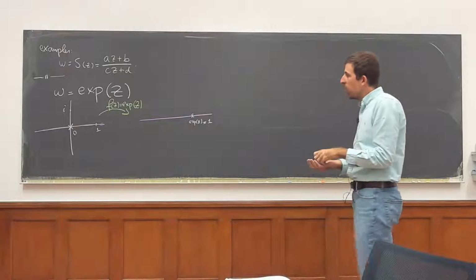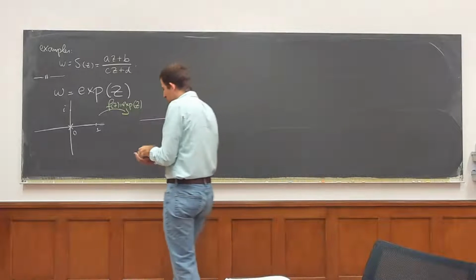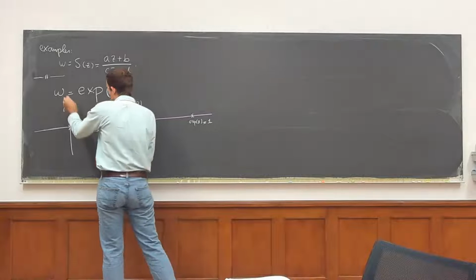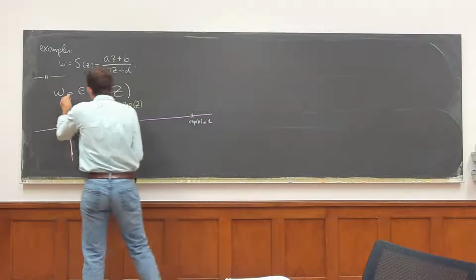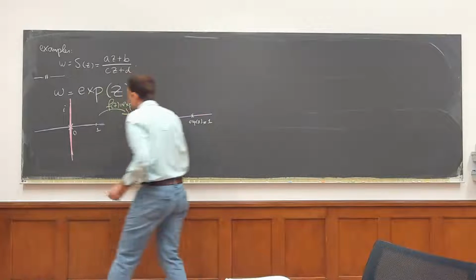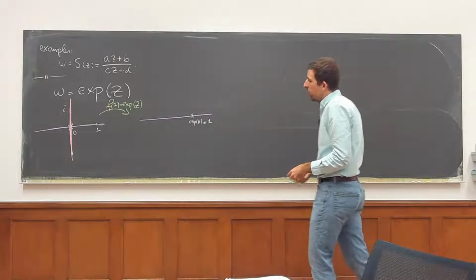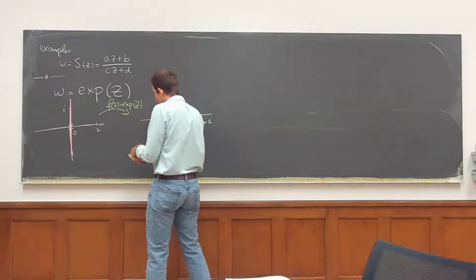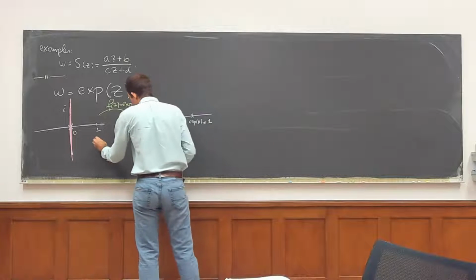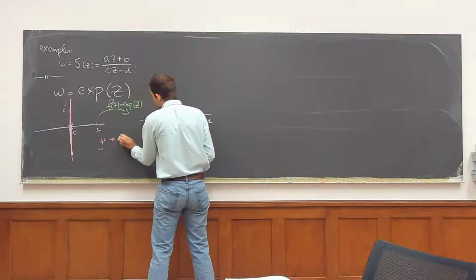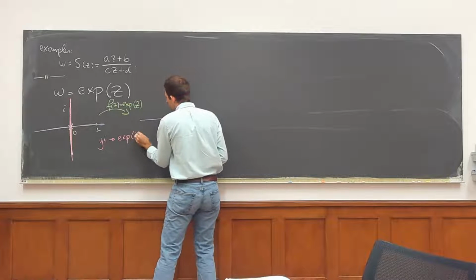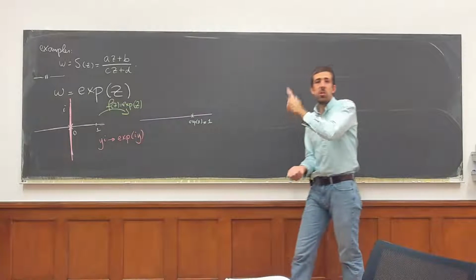Okay, but now where does the complex axis, the imaginary axis, get mapped? If I have some, say, iy, it will get mapped to exponential of iy, which we know is just a circle.